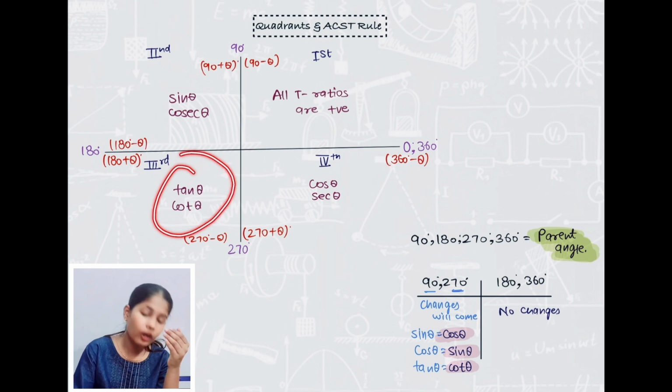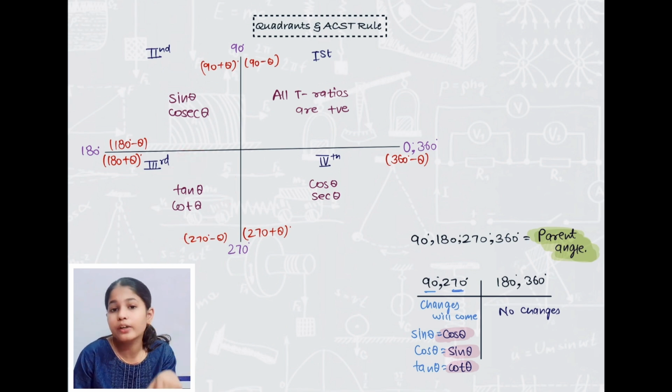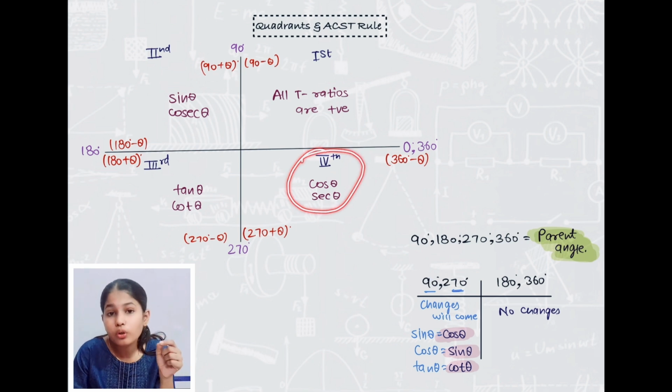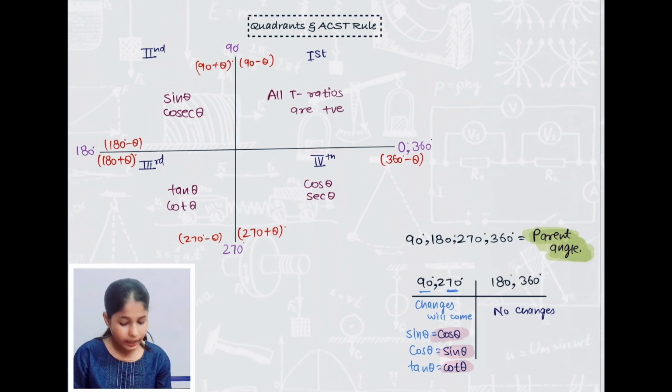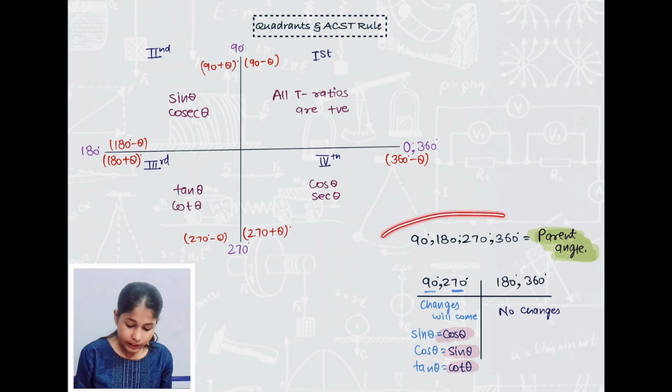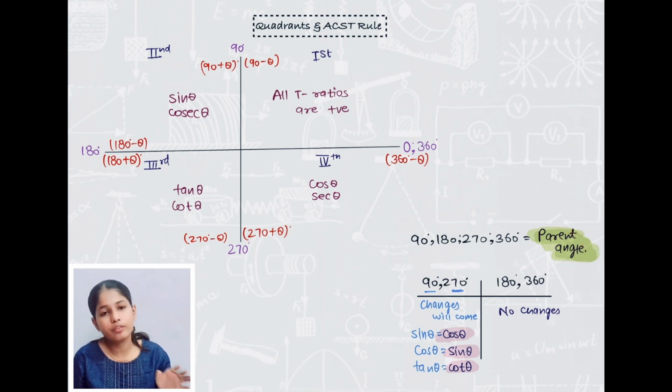In the third, only tan and cot theta will be allowed to be positive. In the fourth quadrant, only cos theta and sec theta will be allowed to be positive. And these 90, 180, 270 and 360 degree are acting as parent angles.